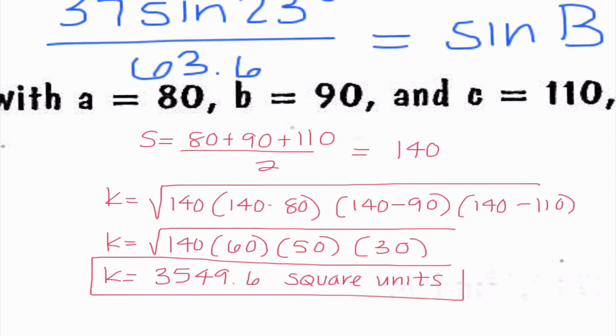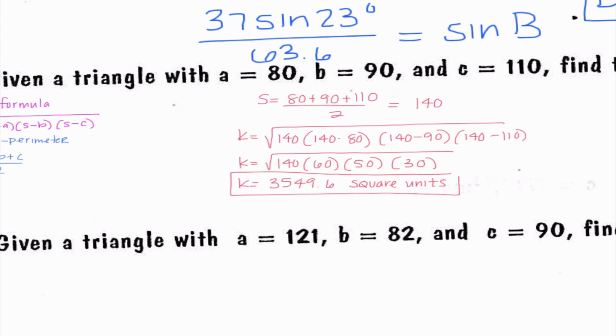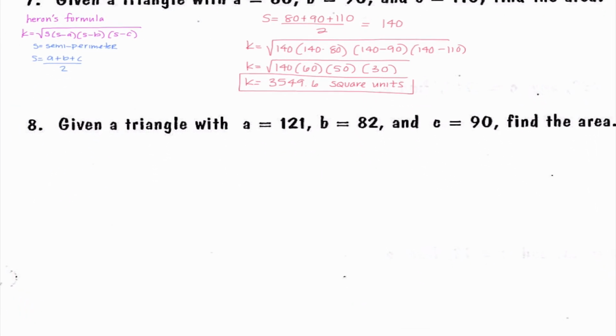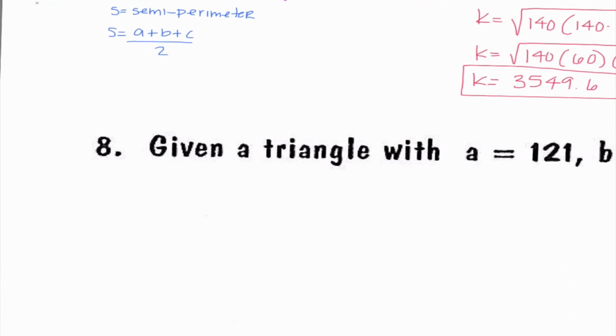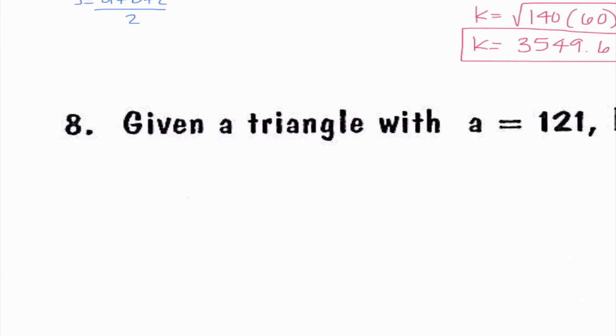Honestly, Heron's formula doesn't get much tougher than that. And we're going to go ahead and use it one more time. So once again, they're giving us all three sides. We're going to start here by finding the semi-perimeter. So I'm going to add 121 plus 82 plus 90 and divide that by 2.